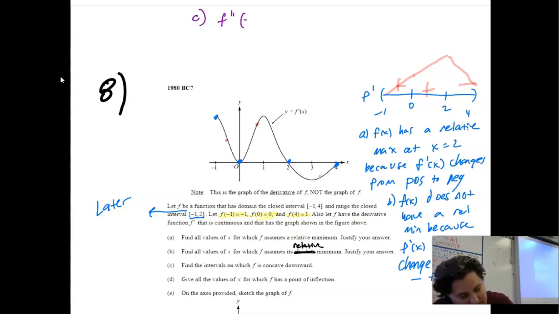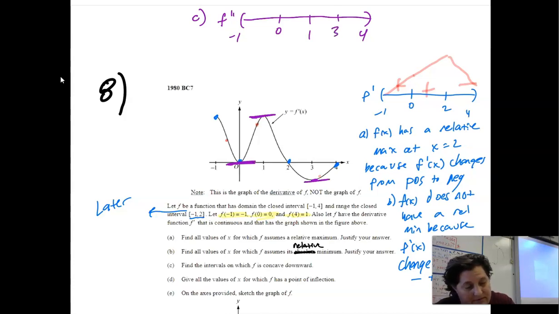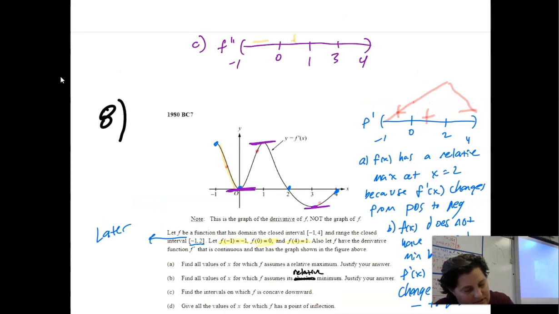So I'm looking at f double prime. I'm looking at it from -1 to 4. And there's a vertical tangent here at 0. There's a vertical tangent here at 1. And then there's another one at 3. All right, and when I'm testing this, these are downward slopes. These are upward slopes, downward slopes, upward slopes.